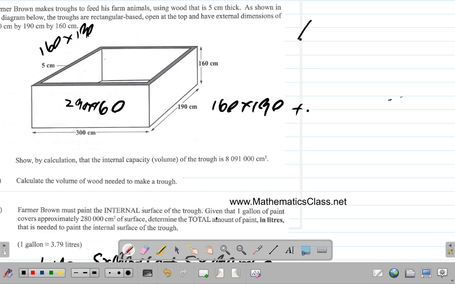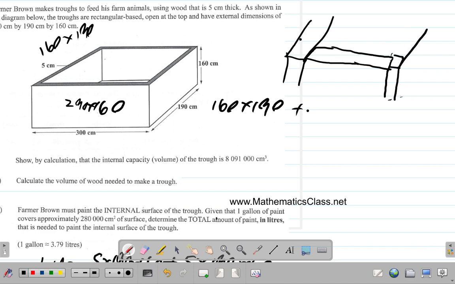Let me talk about it. Say the front board comes like so. And then this piece of board you put between, right? And then this one, you put like so. Imagine building it like this.